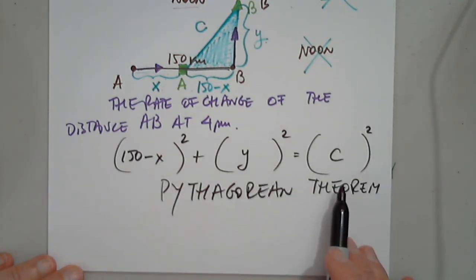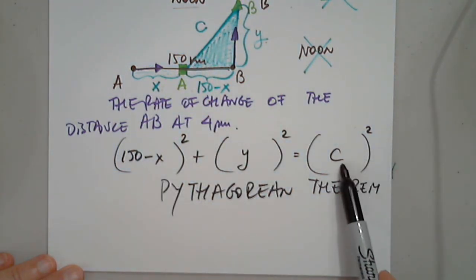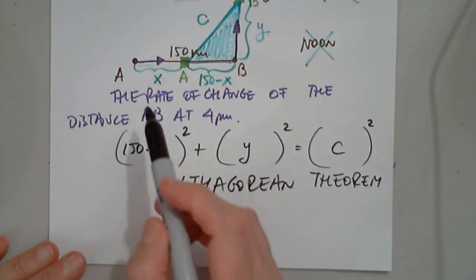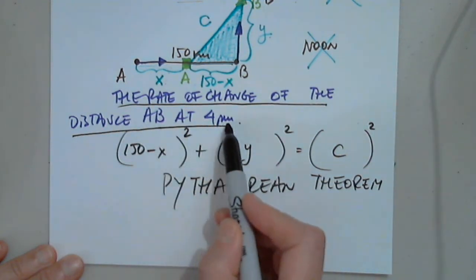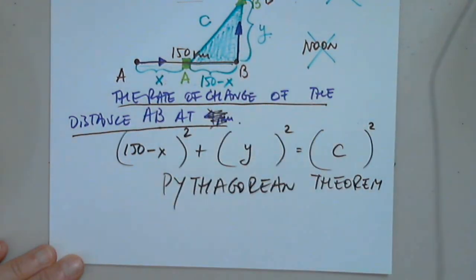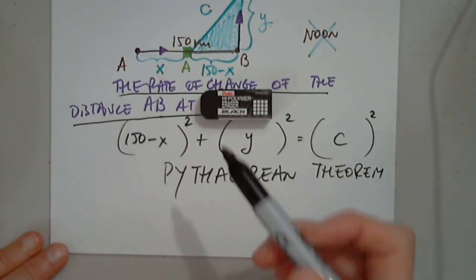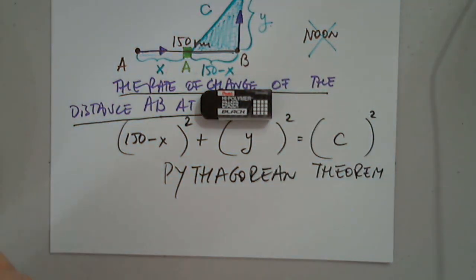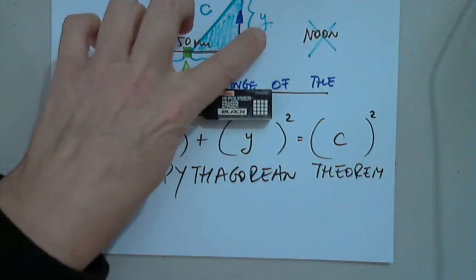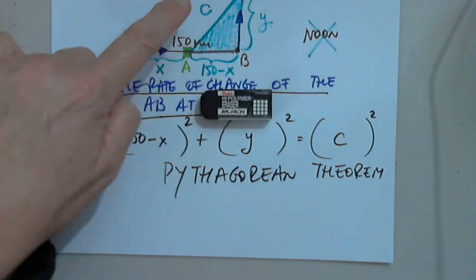So I have an equation that involves c. That's what I want. What I'm really asked to determine is, one more time, the rate of change of the distance AB. Don't even think of this just yet. So how do I find the rate of change? What am I really asked to find, first of all? We denoted the distance by c. You understand that these are three functions of time. x is not just x, y is not just y, c is not just c. x is a function of time, y is a function of time, c is a function of time.